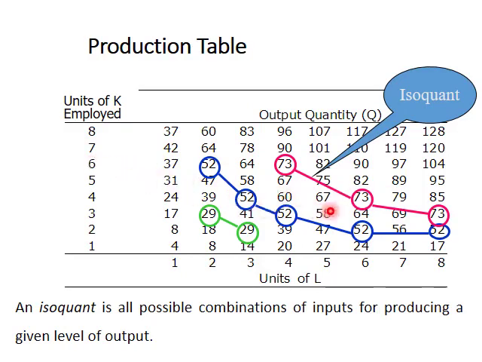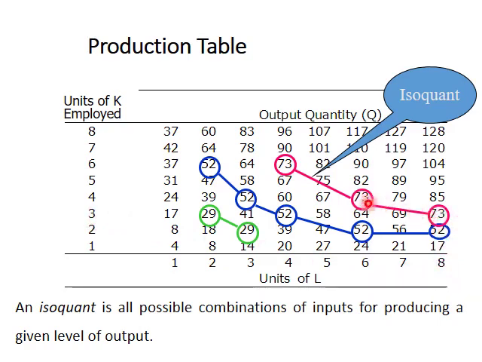And this table shows the isoquant. Isoquant is all possible combinations of the inputs which produce a given level of output, or the same level of output. For example, when we combine 6K with 4L, we get 73, and when we combine 4K with 6L, we get the same output, that is 73, and when we combine 3K with 8L, we get 73.